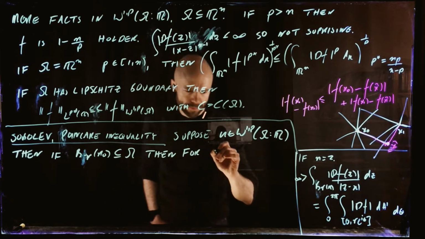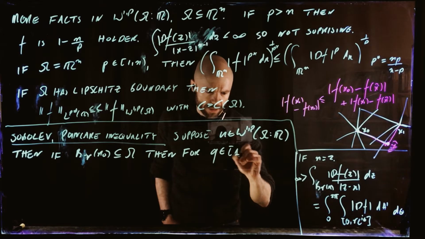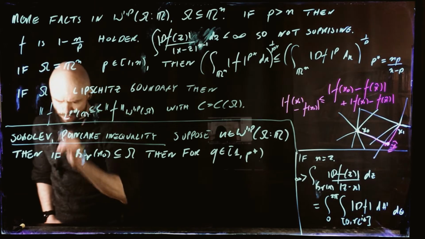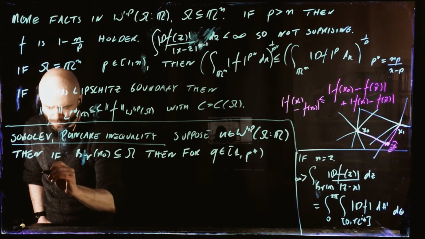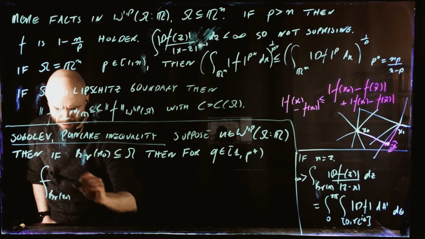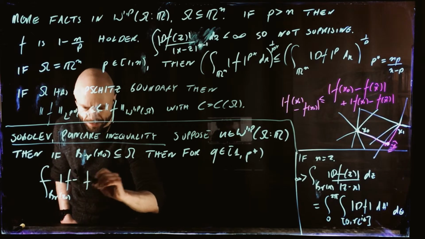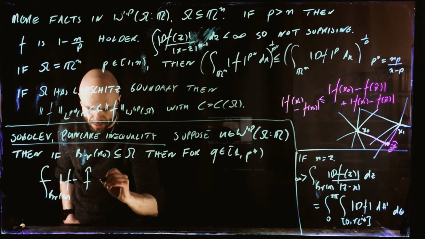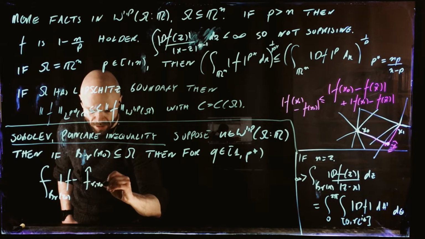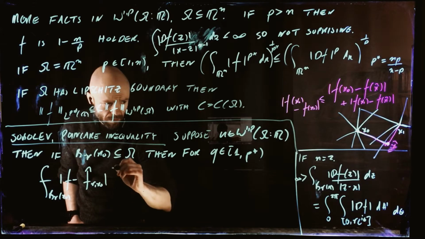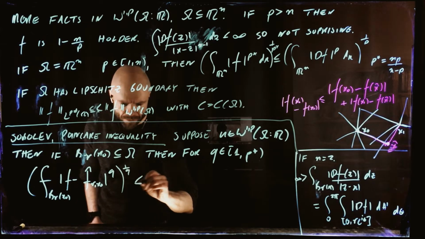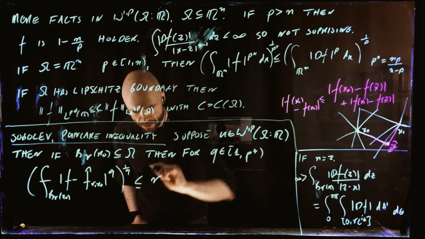for any q between 1 and this Sobolev embedding exponent p star, the following is true: the average over the ball of radius r at x0 of f minus its average on the ball of radius r at x0, raised to the power q, to the 1 over q, is bounded by a constant.